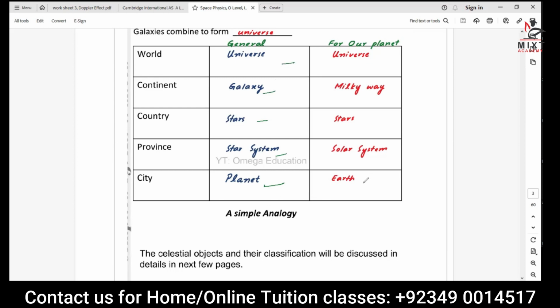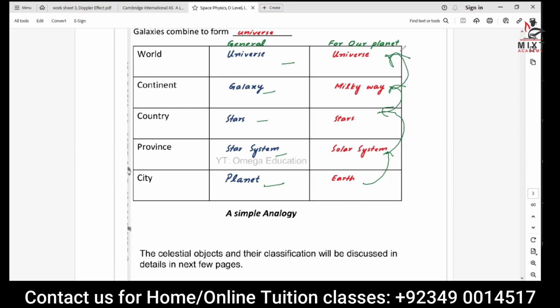So for Earth, the star system is called the solar system. More solar systems combine to form stars, and more stars combine to form a galaxy. The name of our galaxy is Milky Way, and two or more galaxies combine to form a universe.